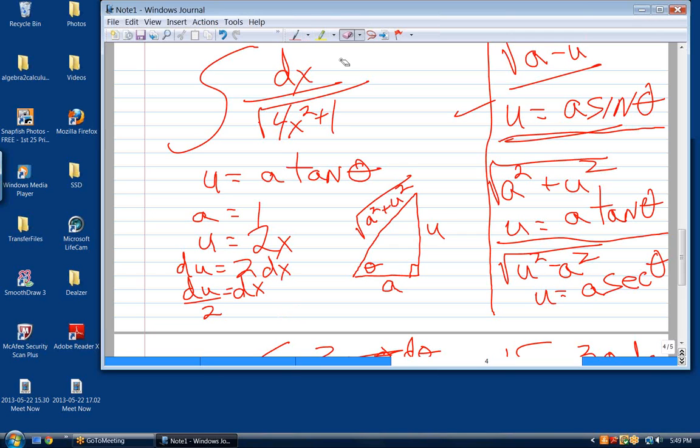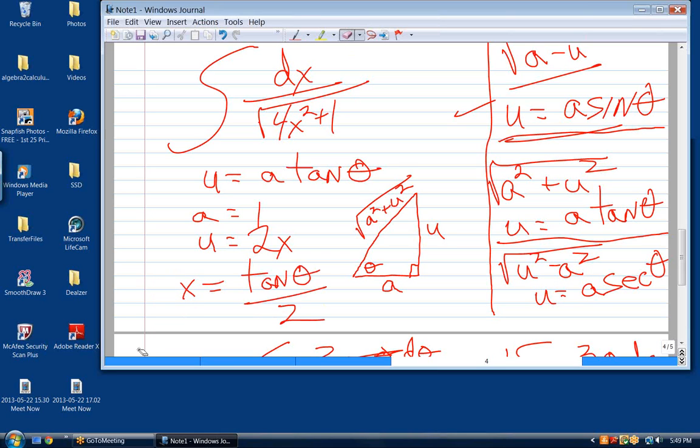Hold on, I'm all screwed up here. Completely lost what I was doing. Okay, if u equals a tan of theta, then 2x equals tan of theta. So x is tan of theta over 2.